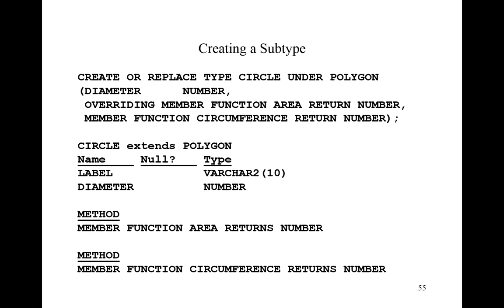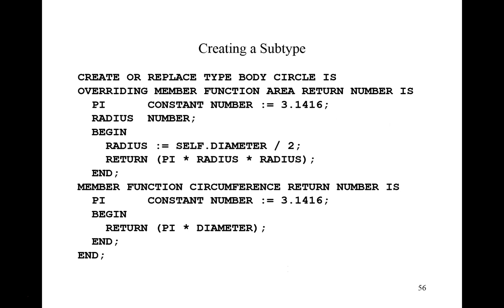Also note the attributes. In addition to inheriting label from the Polygon supertype, we declared our own local variable of diameter that applies to instances of this subtype.